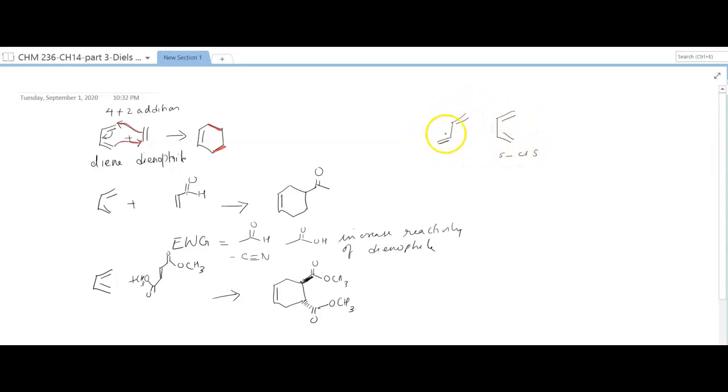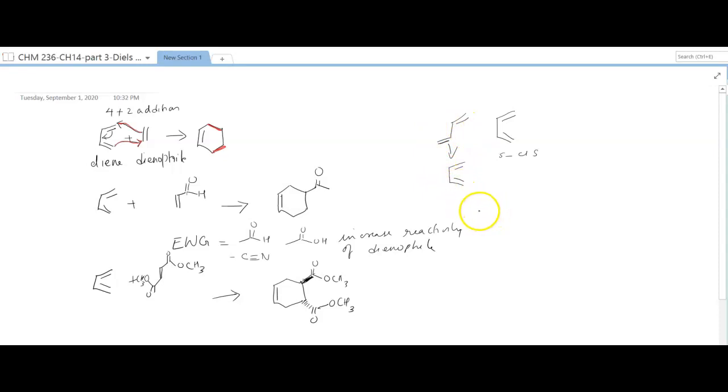Now in the case of butadiene, since there is free rotation around the carbon-carbon single bond, it can rotate and change into a cis conformation, and then react with the dienophile. However, there are cases where the trans geometry is locked, or it could be sterically hindered, and it won't be able to achieve this process.